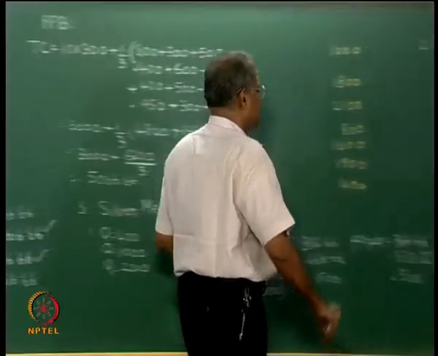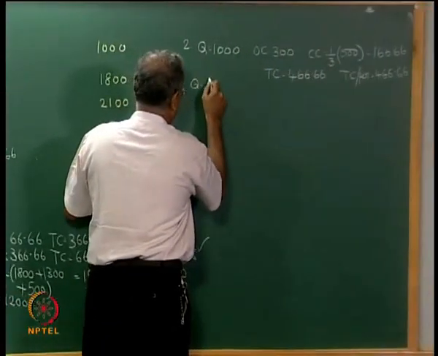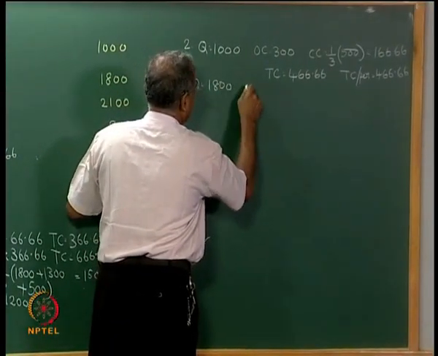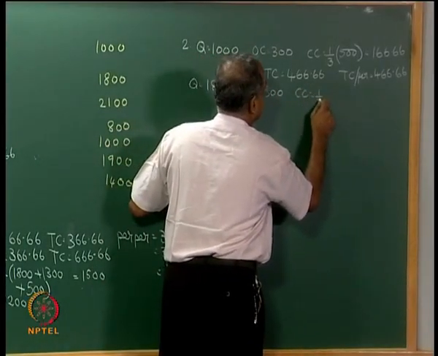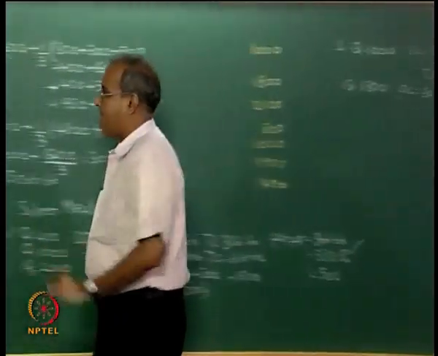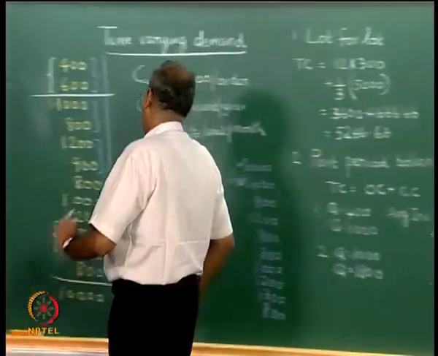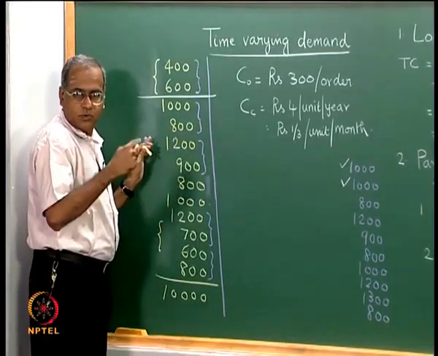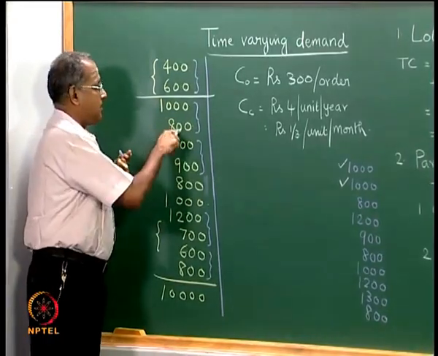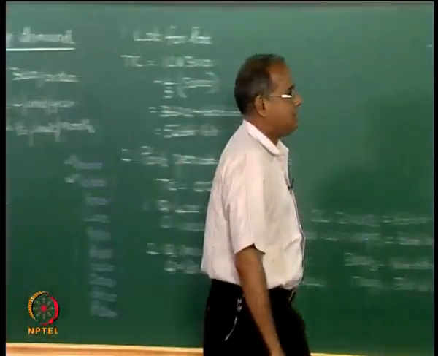So q equal to 1800, order cost is 300, carrying cost is 1 by 3 into 1800 plus 800 divided by 2 which is 1300 plus 400, so 1700.